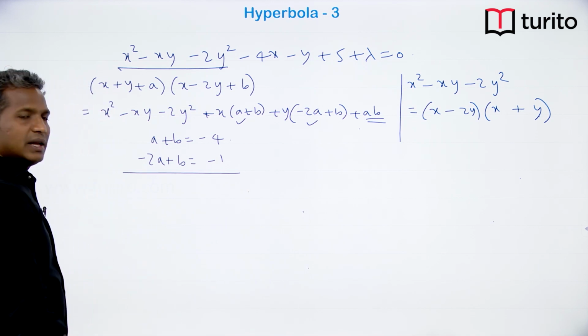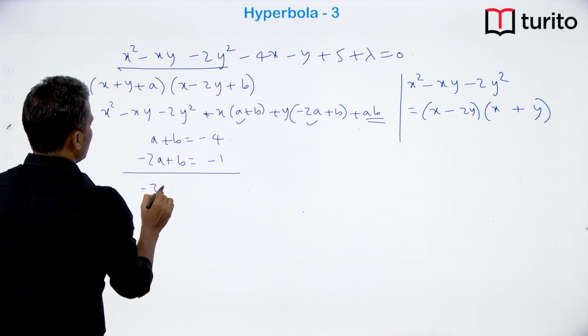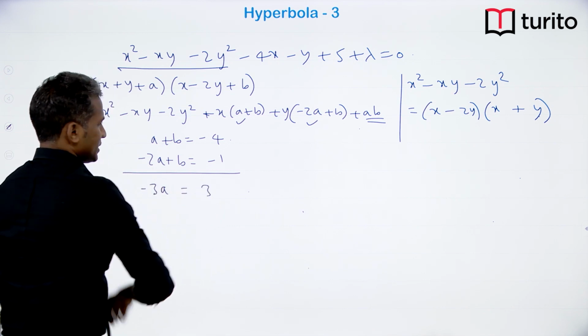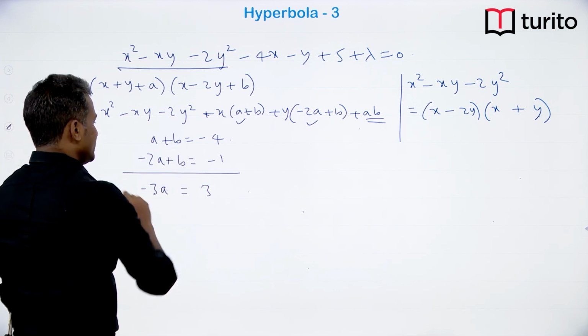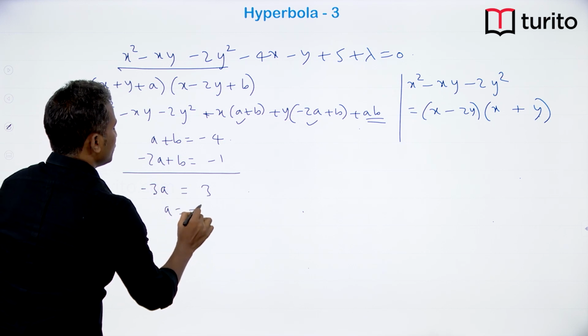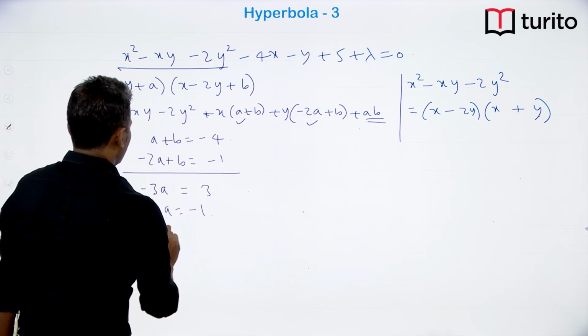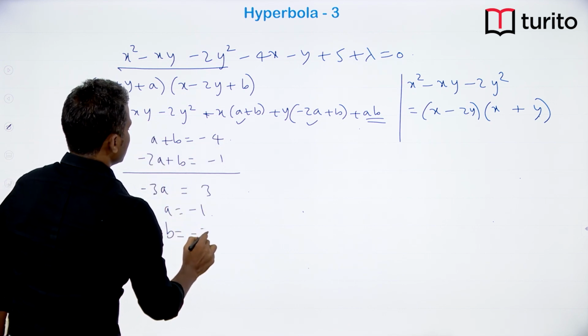So suppose here, if I subtract 1 from 2, what do I get? Minus 3a is equal to plus 3, right? So which means a must be equal to minus 1. If I put a equal to minus 1, I will get b equal to minus 3.